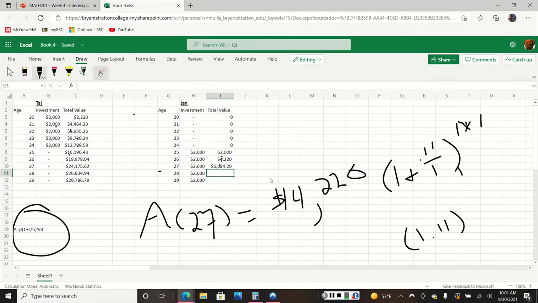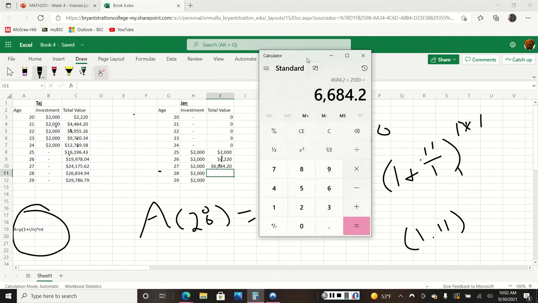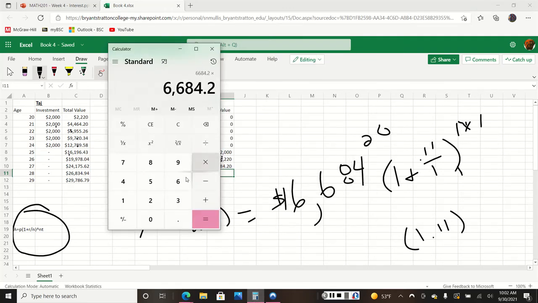All right, so moving on to age 28. We need to get rid of those numbers, and we need to put $6,684.20. She's invested another $2,000, but we're only trying to figure out the accumulative amount at age 28. So we multiply $6,684.20 times 1.11.